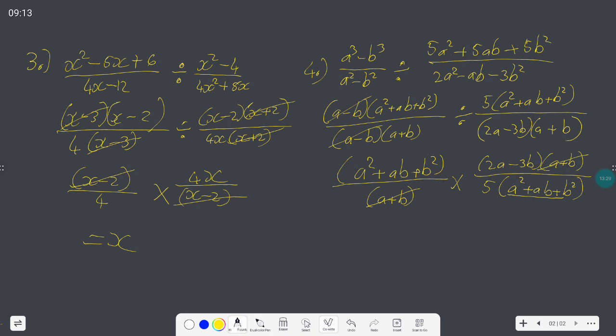A squared plus ab plus b squared. Is that somewhere on the right hand side as well? Yes, it's in my denominator. It cancels out. That entire bracket cancels out. So what am I left with at the end? 2a minus 3b divided by 5.